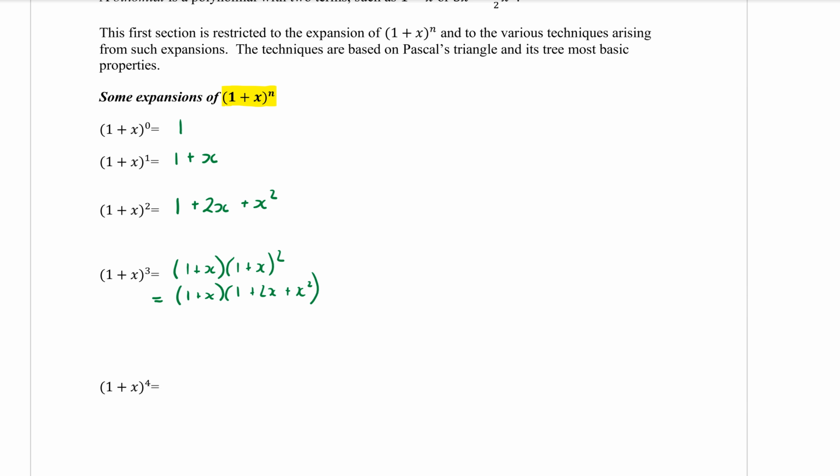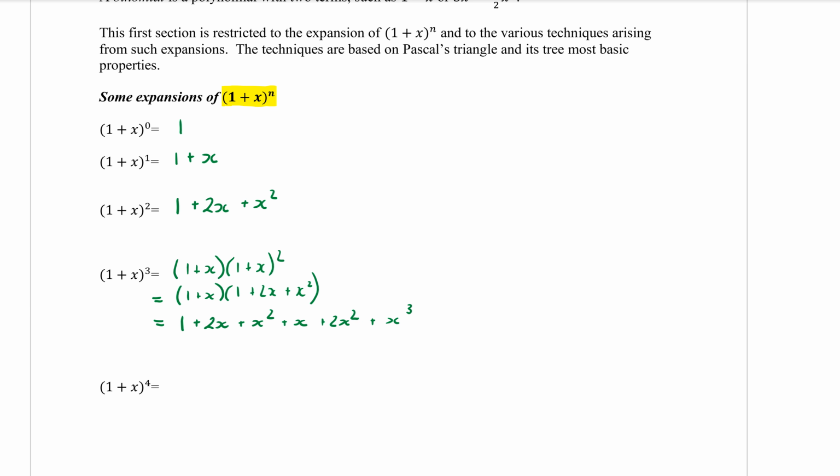Expanding that further, we want to multiply the 1 by each thing in the second bracket. 1 times 1 is 1. 1 times 2x is 2x. 1 times x squared is x squared. Now multiply the x by each thing in the second bracket. That would be x. x times 2x is 2x squared, and x times x squared is x cubed.